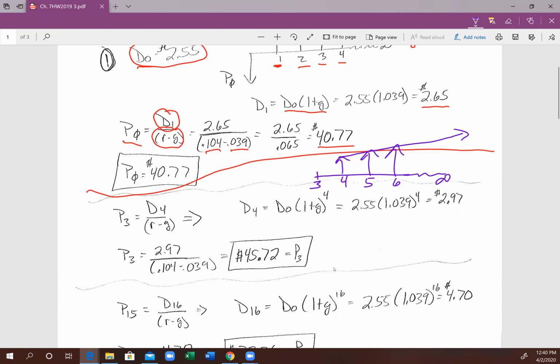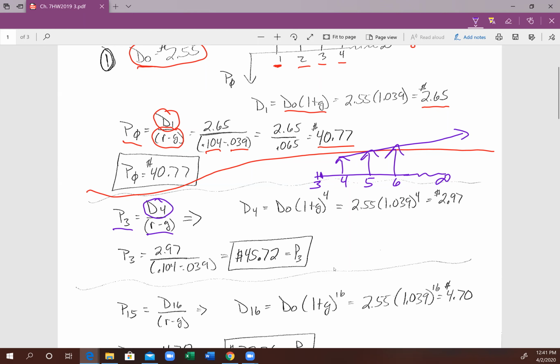We really need to find the price at the beginning of year 4, and the beginning of year 4 is the same as the end of year 3. So the price 3 years from now, P3, is equal to D4 divided by r minus g.